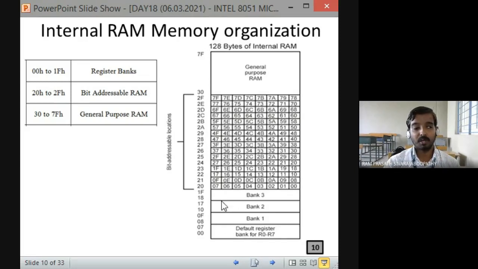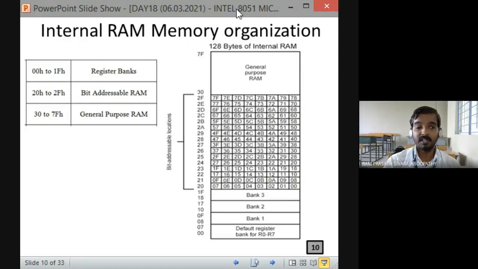Each bank has 8 registers named R0 to R7. Then these 16 bytes can be used as 128 bit locations for bit operations. The remaining 80 bytes can be used as general purpose RAM memory.